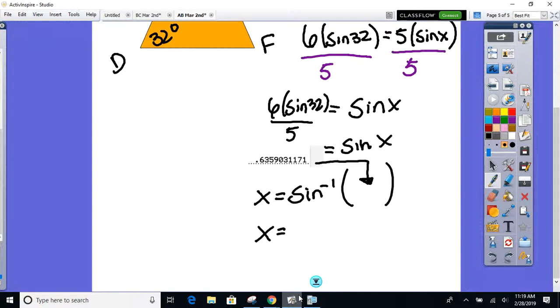Then you got to put in that full fraction into there. So go ahead. Nearest degree, 39 degrees.